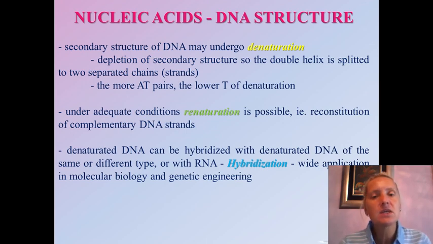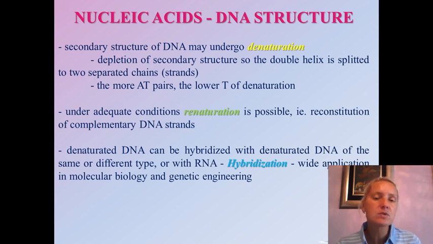What is also interesting is that a denatured DNA molecule can be combined, or we say hybridized, with some other molecules or parts of DNAs or RNA molecules, and that phenomenon and procedure is marked as hybridization.